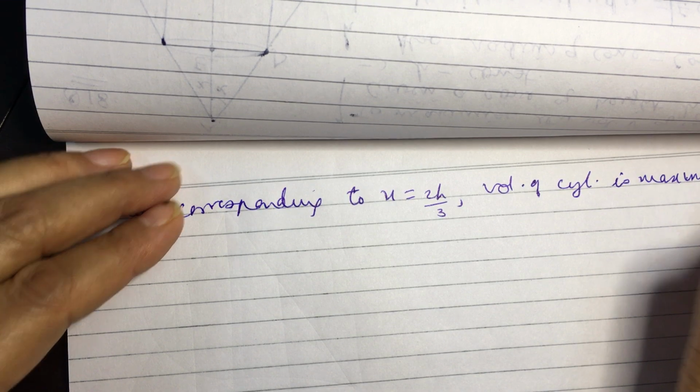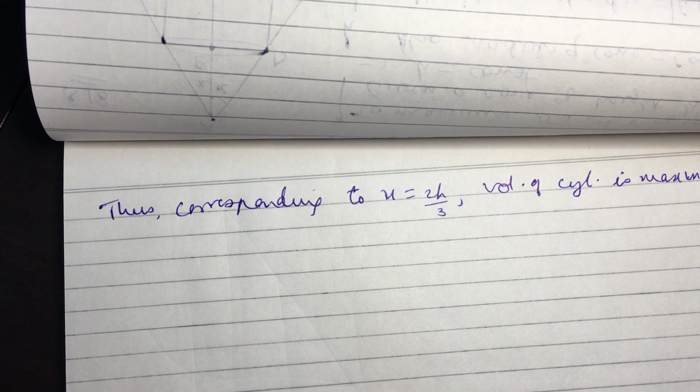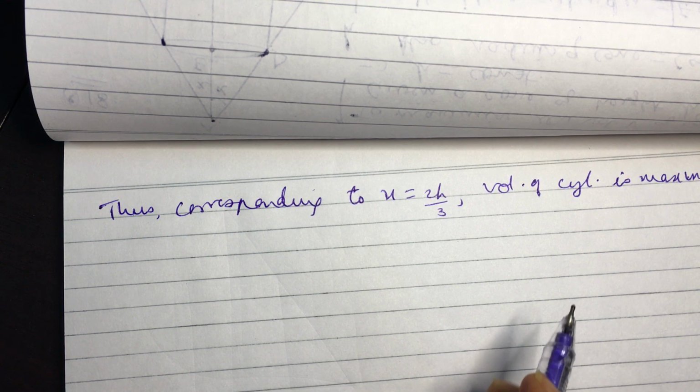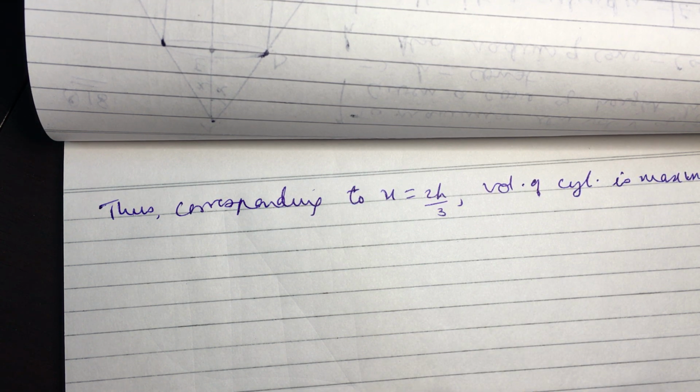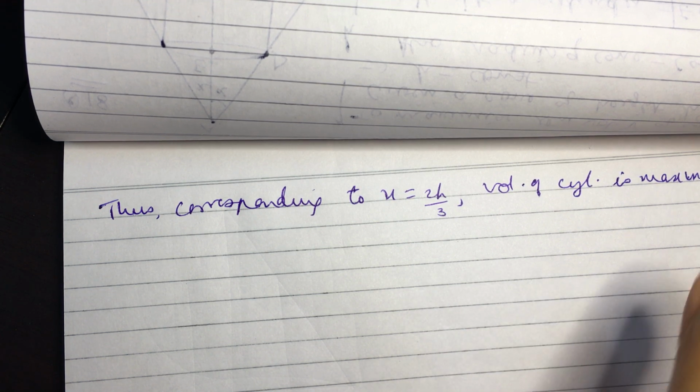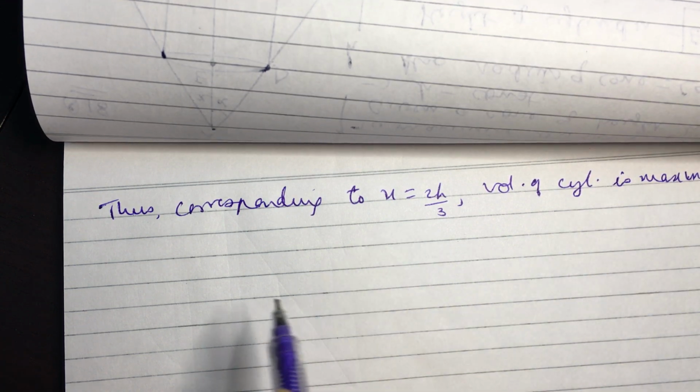Now what is required here is, there are two parts to this question. One is that we have to find the height of the cylinder is 1/3 that of the height of the cone, okay.